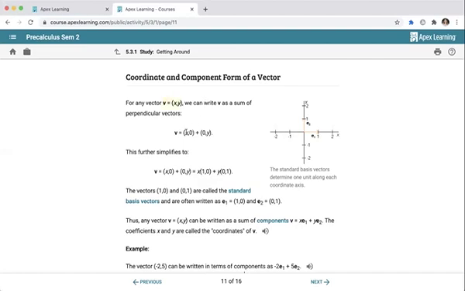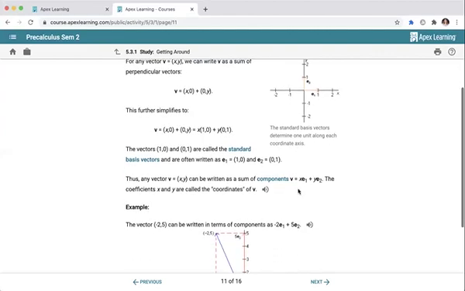We can split it up into the sum of 2 terms, and we can even pull our x and our y coordinate out of those terms to simplify it even further. Okay, because it gives us these 2 vectors, 1, 0 and 0, 1. And these are called our standard base vectors. Okay, they're our standard base vectors. And so what we can do then is use these as kind of guiding points here.